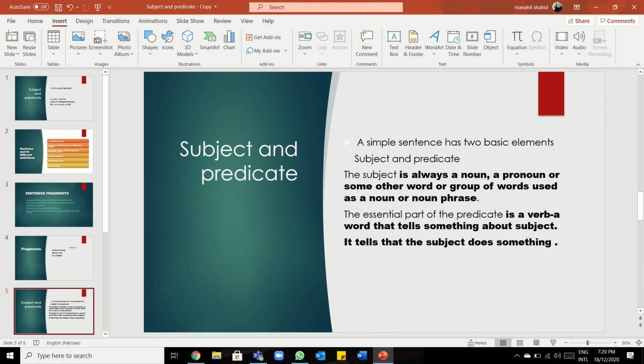The subject is always a noun, a pronoun, or some other word or group of words used as a noun or noun phrase. The essential part of the predicate is a verb, a word that tells something about the subject. This is very important: the detail of the subject we get in the form of predicate. It tells that the subject does something. It gives us the detail of the subject.